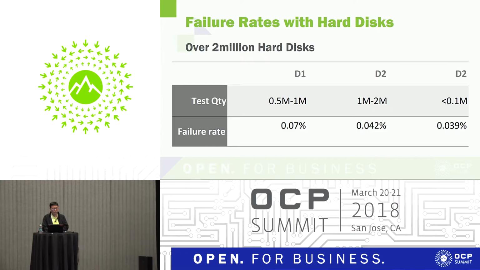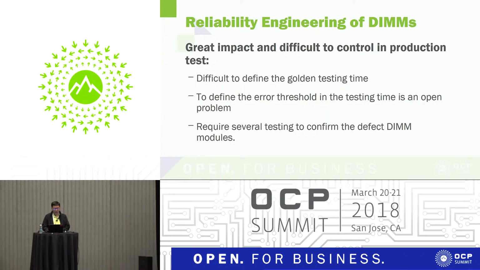For those 3 major parts, we decided to study and research DRAM first, because for DRAM we got lots of feedback from our customers about reliability. In reliability engineering of DRAM, it is difficult to control in production testing.